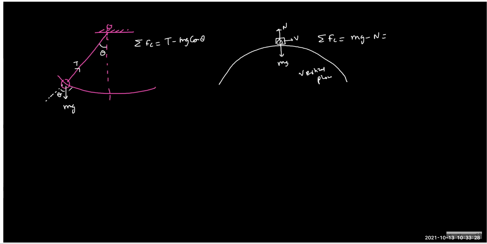Imagine at this point, what is the net force along the tangent? What is the net tangential force? mg sin theta, and that's the only force. This equals m a_t.